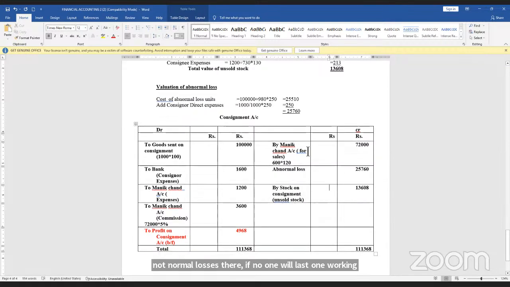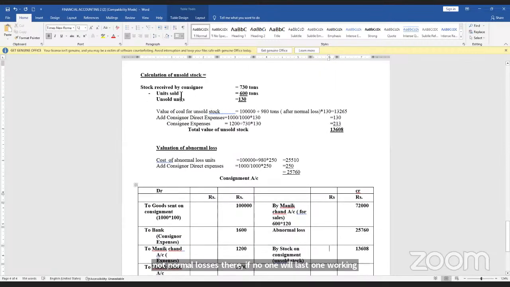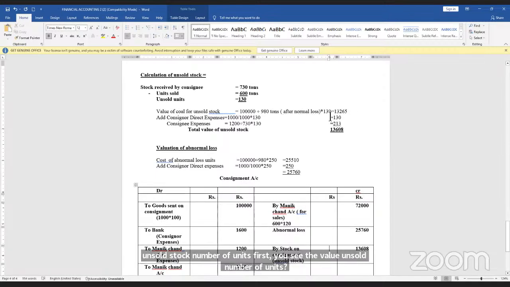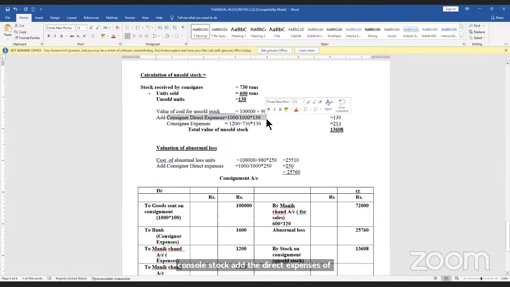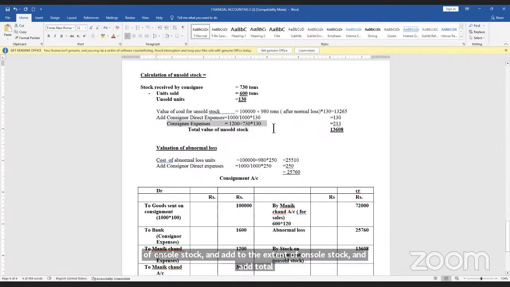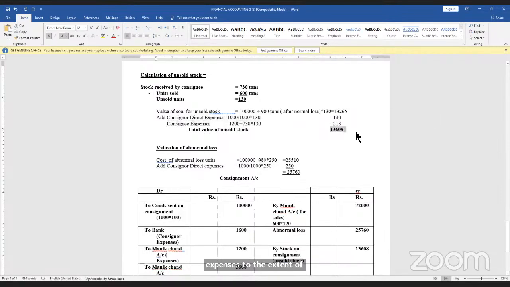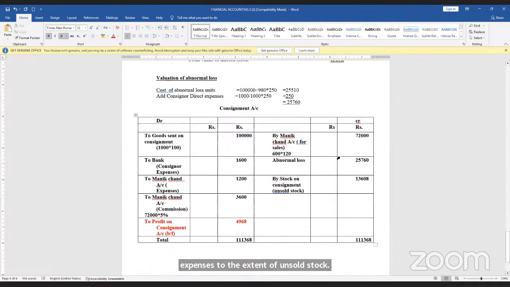How do you calculate unsold stock? First you see the number of units and calculate the value of unsold stock. Then to that value of unsold stock, add the direct expenses of the consignor to the extent of unsold stock, and add the consignee's total expenses to the extent of unsold stock. Then you will get the value of unsold stock. That will be taken here.